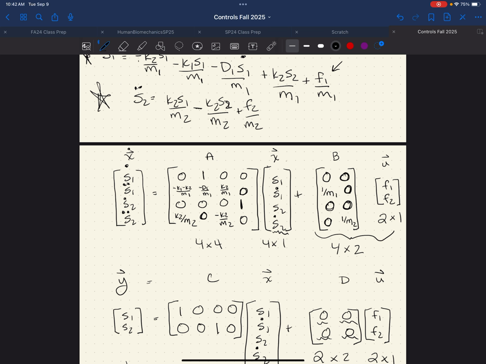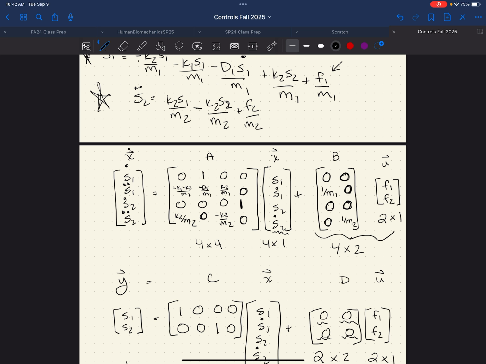Next row, 0, 0, 0, 1. Next row, K2 over M2, 0, minus K2 over M2, 0. Did I do that right? Yeah. Okay. B equals what? 0, 0. 0, 0. Next row, 1 over M1, 0. Next row, 0, 0. Next row, 0, 1 over M2.